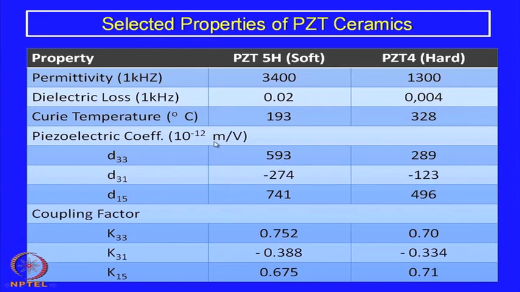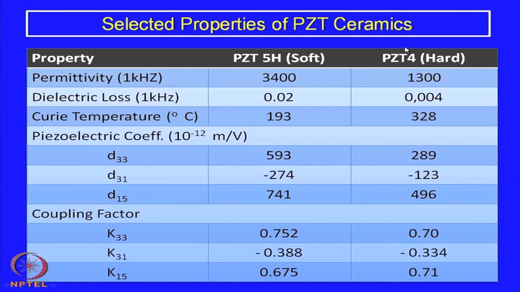Piezoelectric coefficient, there are 3 different coefficients given here. One is d33, it is 593, and for this group of compounds it is 289. This is minus 274 and 123.